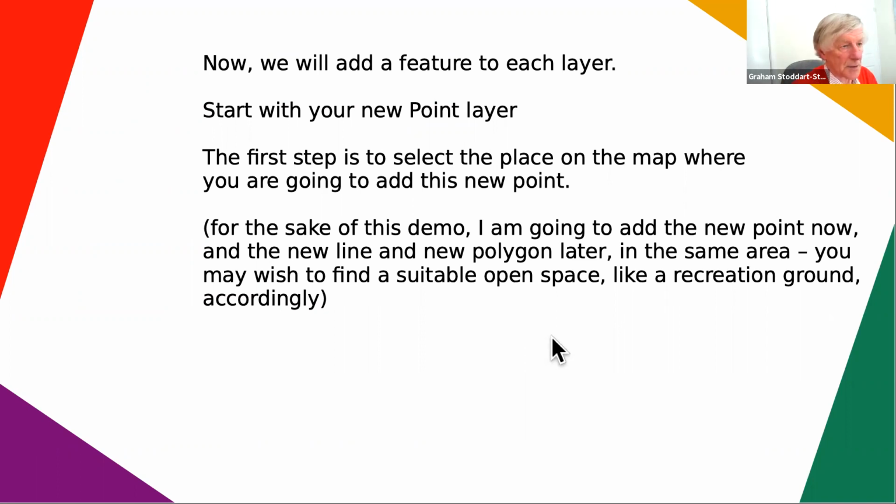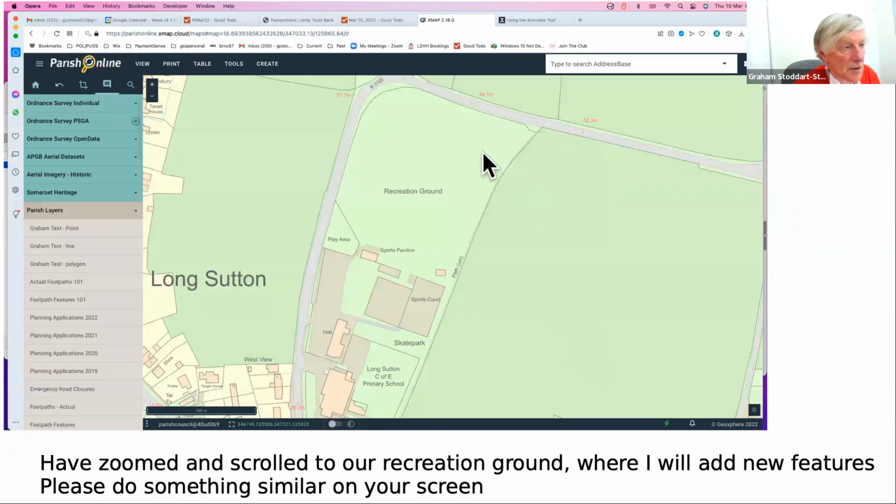You've got 3 layers, so we're going to put in 3 features. So it helps to find an open space anywhere in your parish where you can put these test features. In my case, I've chosen our recreation ground, which is a nice big open space. It won't matter to anybody if suddenly a strange new cricket pavilion and a footpath arise there.